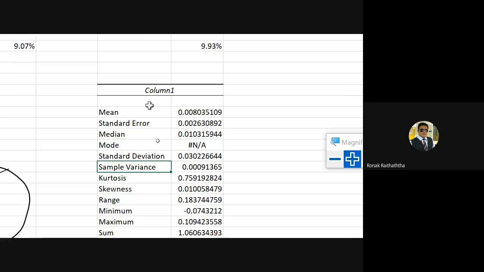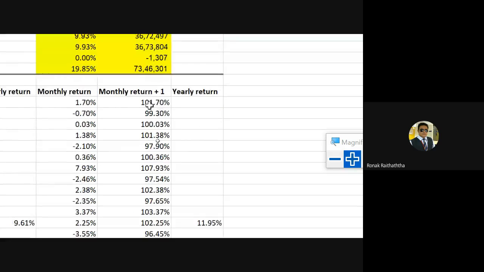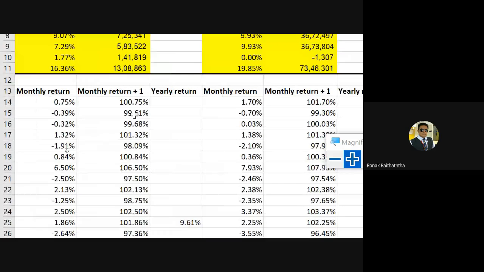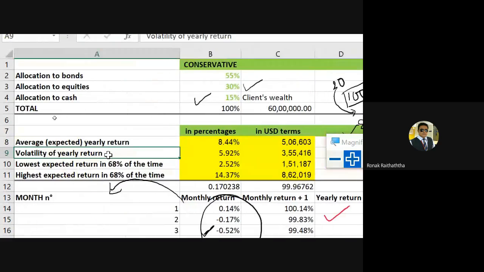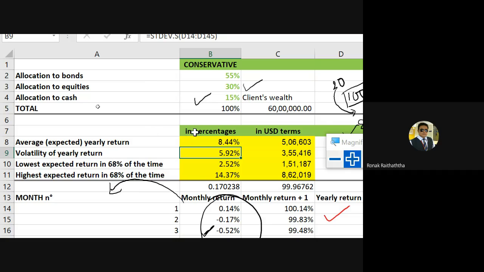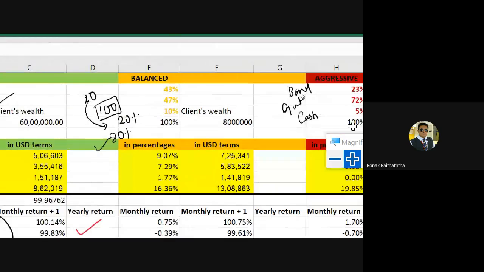Now let's go to the yearly return. Now what has been asked over here, please try to identify and understand that. If one client comes to you and says, what is the average return I'll be having in the entire year? So based on the historical data, the first task for you would be to find the average of the yearly returns for all these three clients.